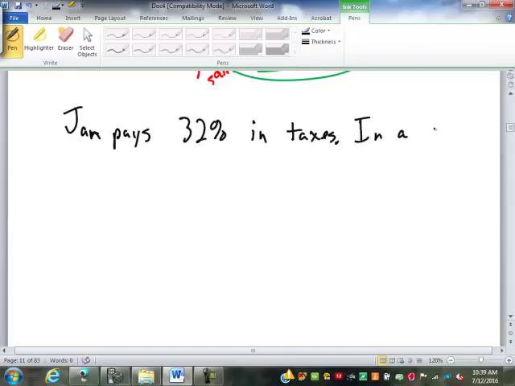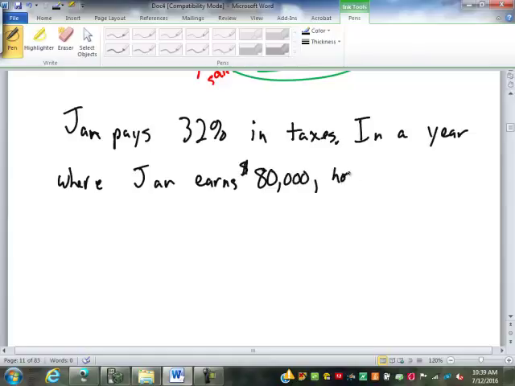In a year where Jan earns $80,000, how much does she take home? In other words, how much does she get to keep after taxes?